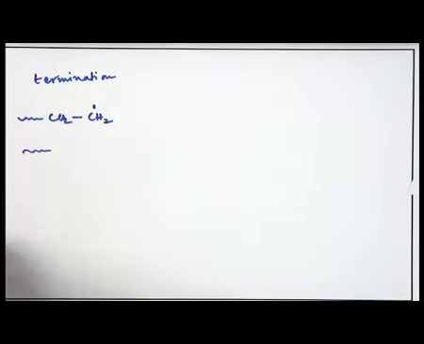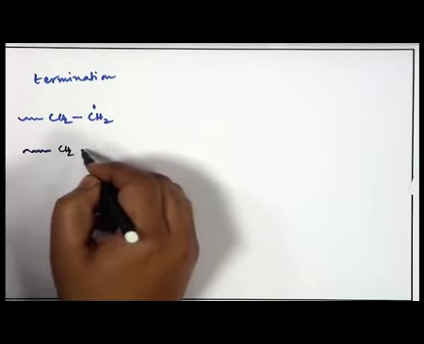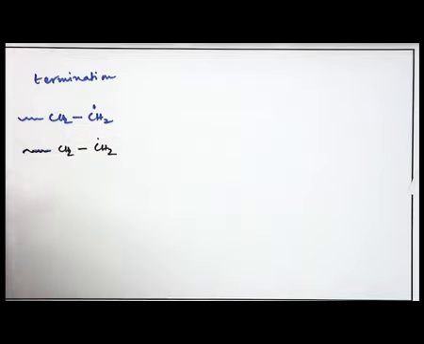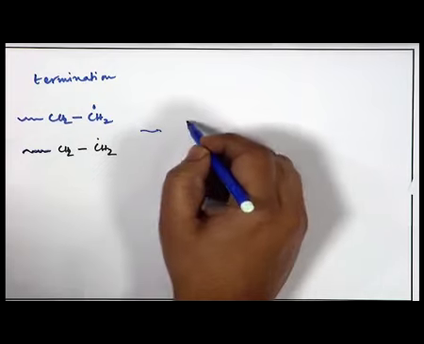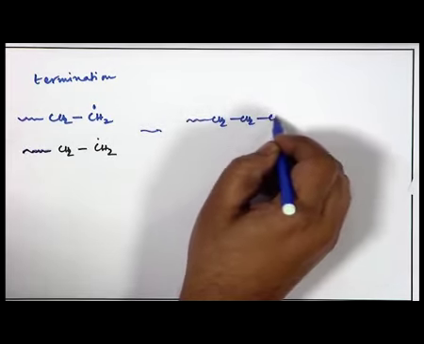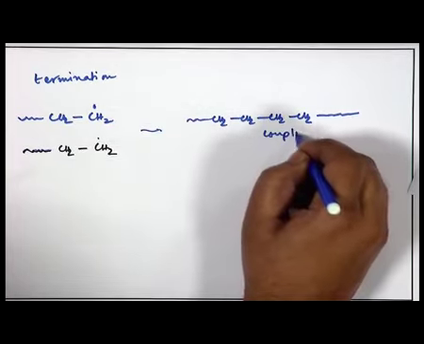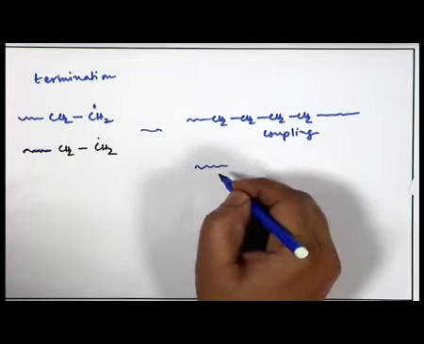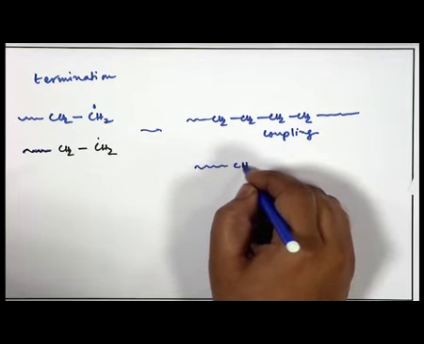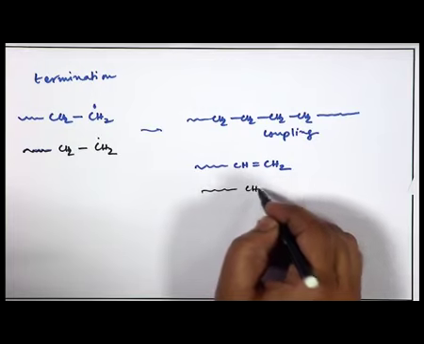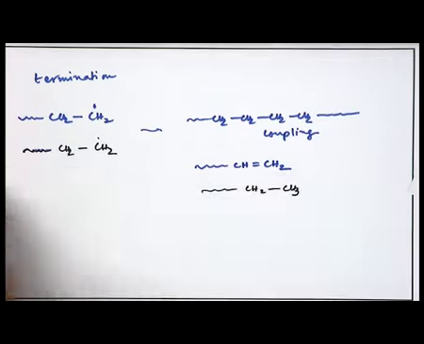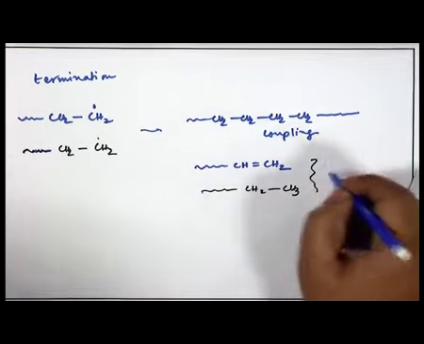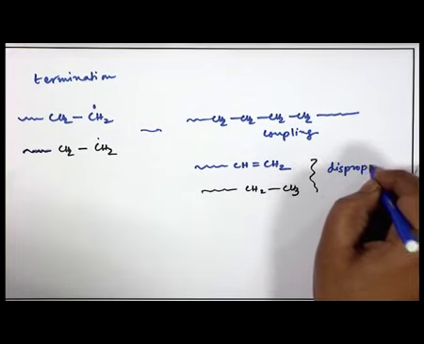So, two such chains can combine and produce one, which we call coupling reaction, and the other could be what is called disproportionation reaction, where you can get a double bond on one side and on another side you can get a saturated polymer. So, this is called disproportionation.